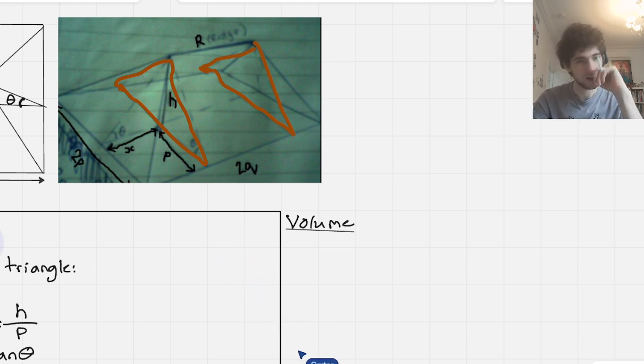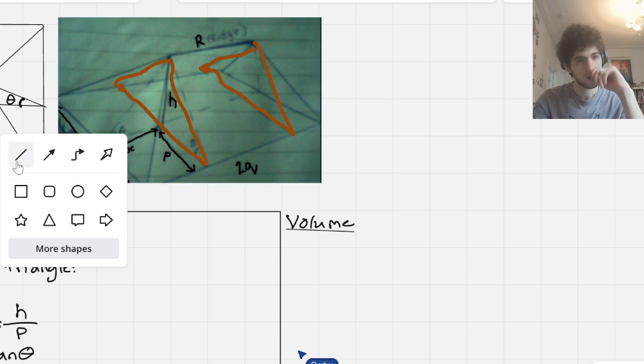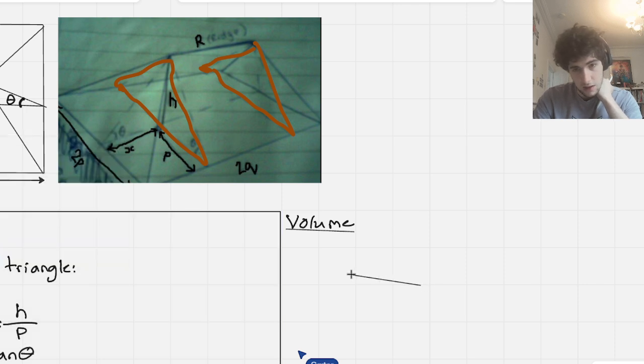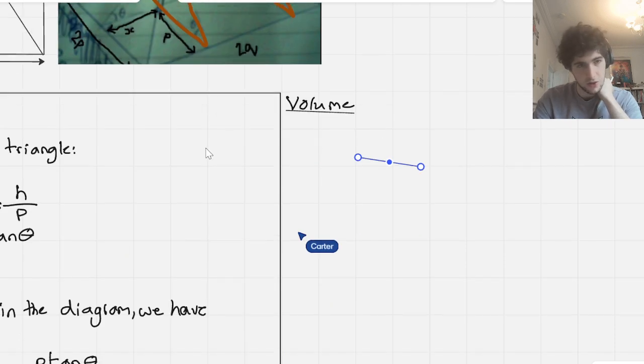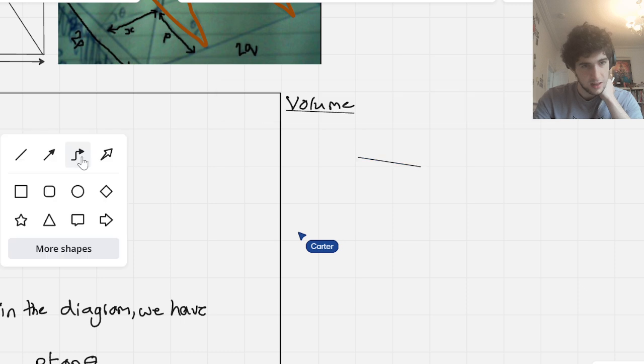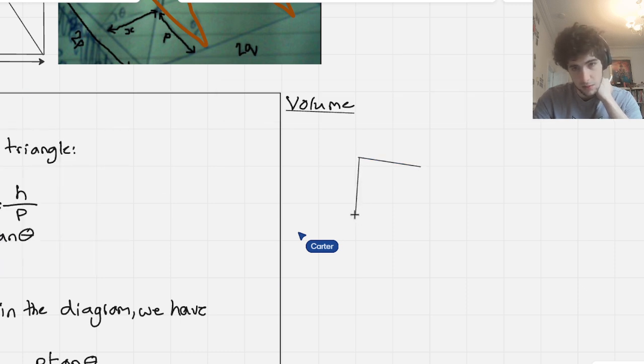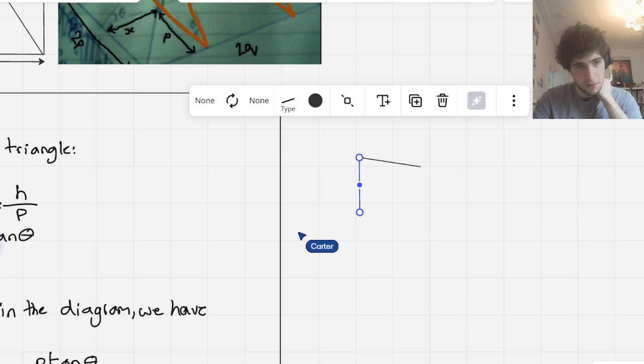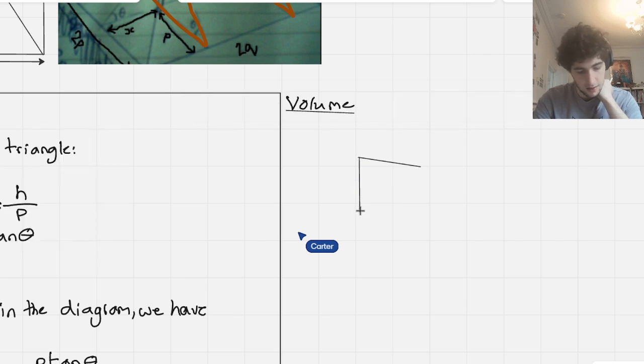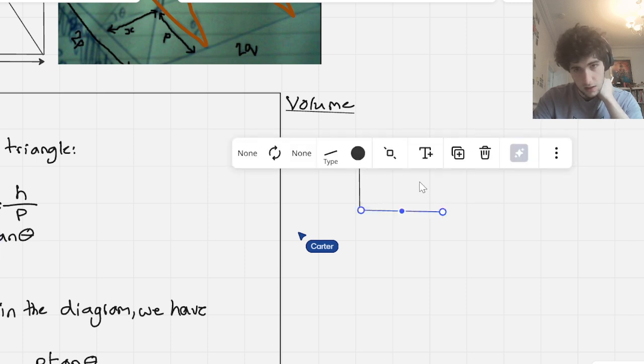So effectively, let's see if I can do this. I'm going to see if I can sort of draw out what I mean. So if I just get this sort of point here, I'm going to try and actually show you what I mean. Hopefully you kind of see the intuition for what I mean, but I want to do a bit better than that. Okay, so that works. So we can go there.